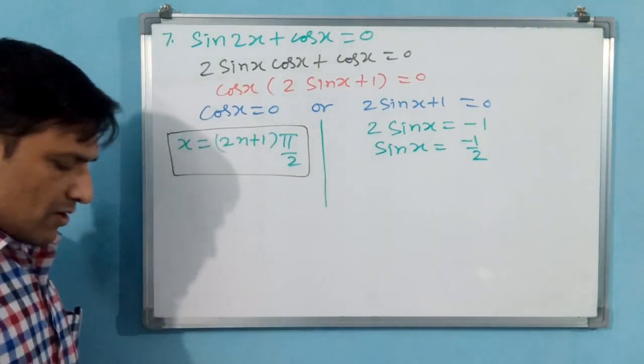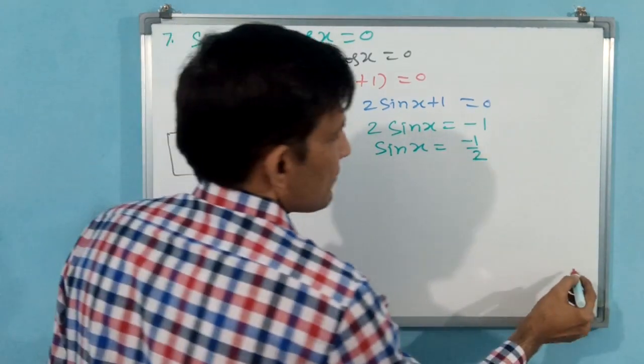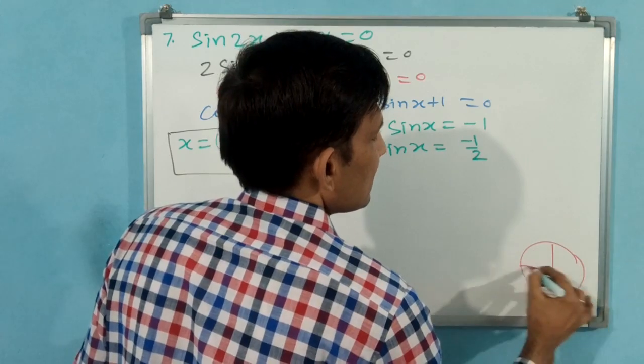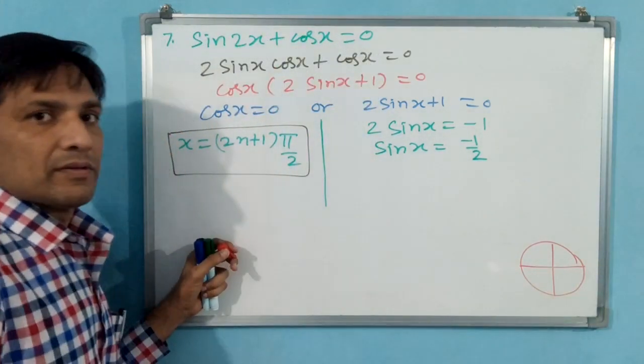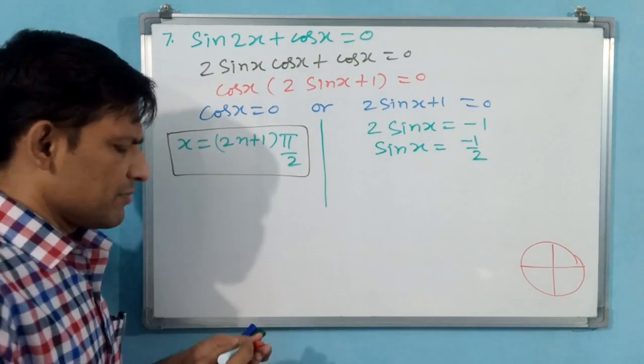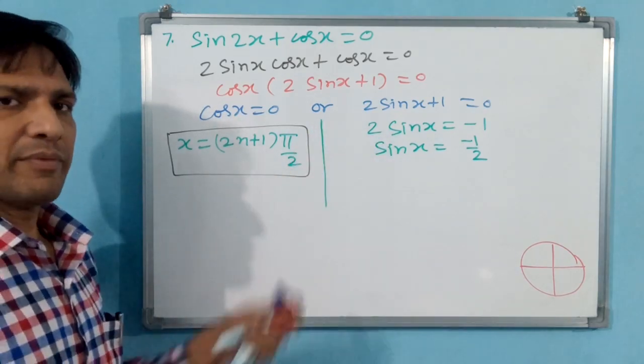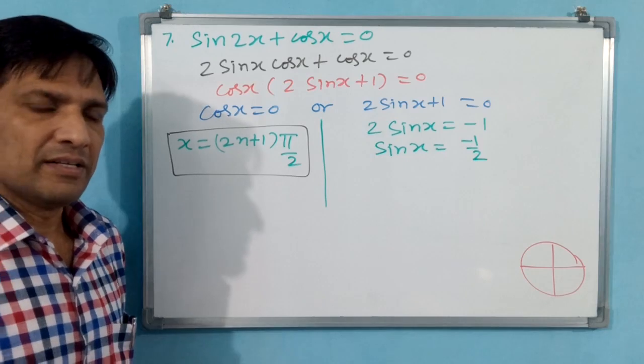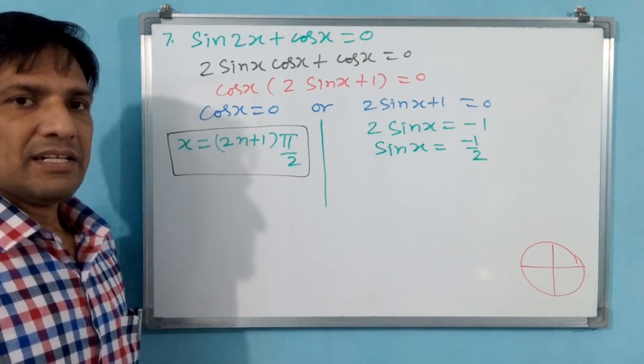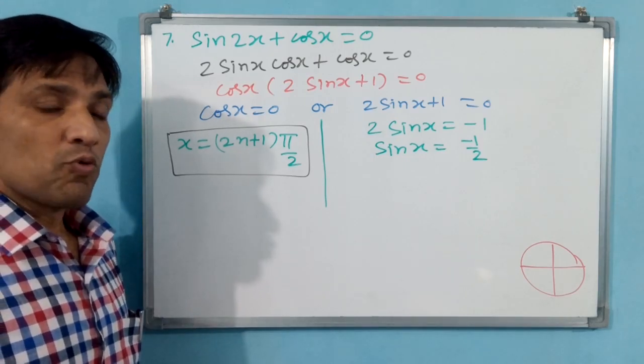Now go again to the circle diagram of sin theta. No, a circle diagram is not required. You tell me, 1 by 2 where it comes, sine 30 degree. That means minus 30 degree you have to take.